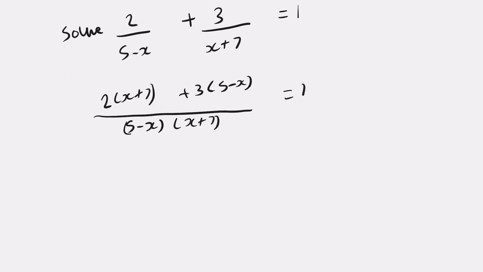Now, what we can do here is multiply the right hand side by 5 minus x, x plus 7. So 2 times x plus 7, plus 3 times 5 minus x equals this.